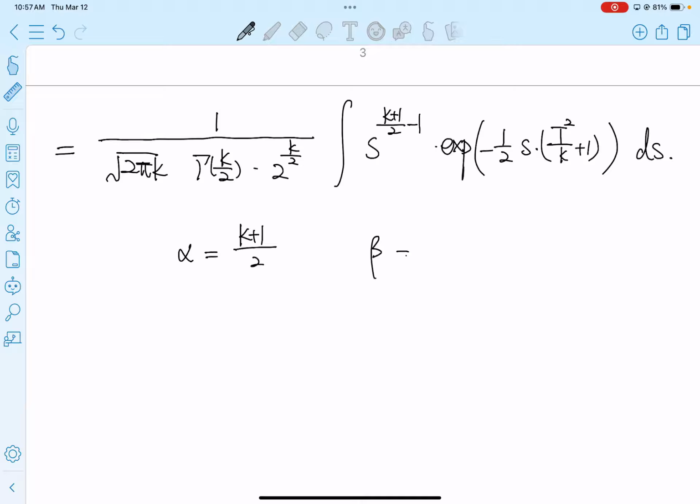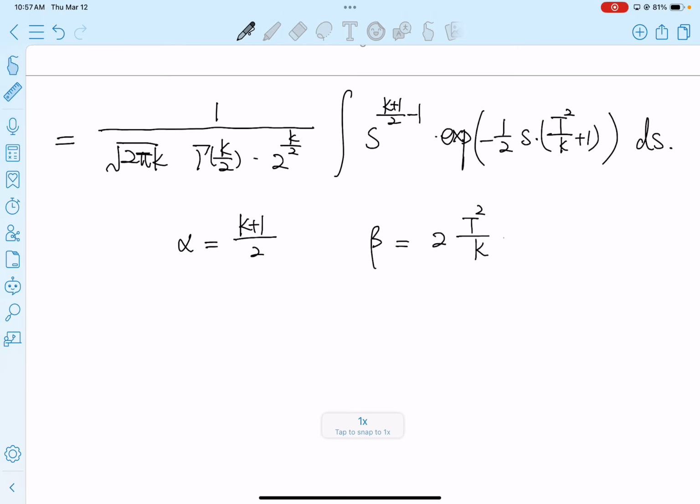The beta is 2 times t squared over k plus 1, but taking the inverse, because the kernel function has x over beta. In our case, it's s over beta, so you need to put the beta in fraction form. That's why you need to have the 2, but also with the inverse, because you need to push the beta into the denominator of that 1 over 2.